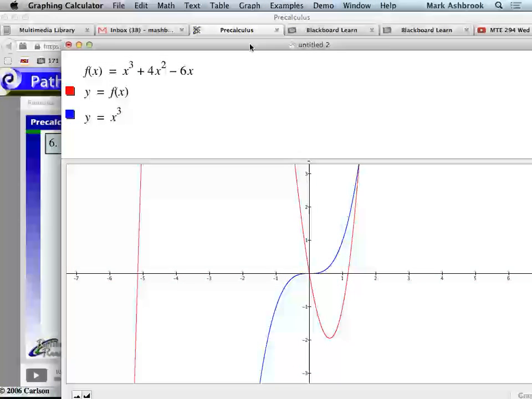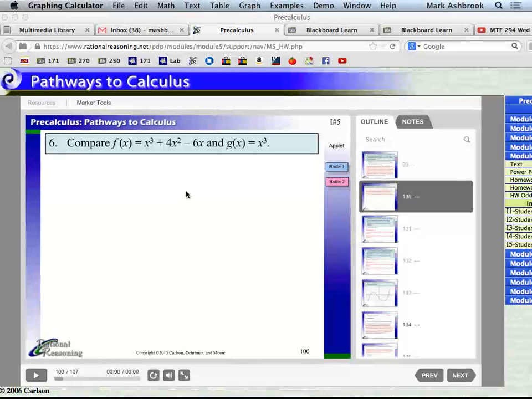Okay, so we need some more practice at figuring out the end behavior. So that was on page 199, that one. So go to page 199, there's a couple more there. Number 7.